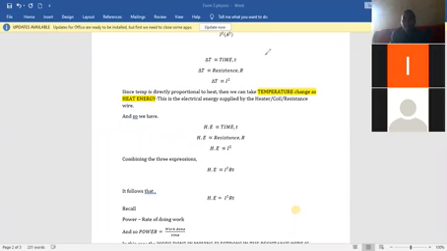Now, the change in temperature is directly proportional to time.